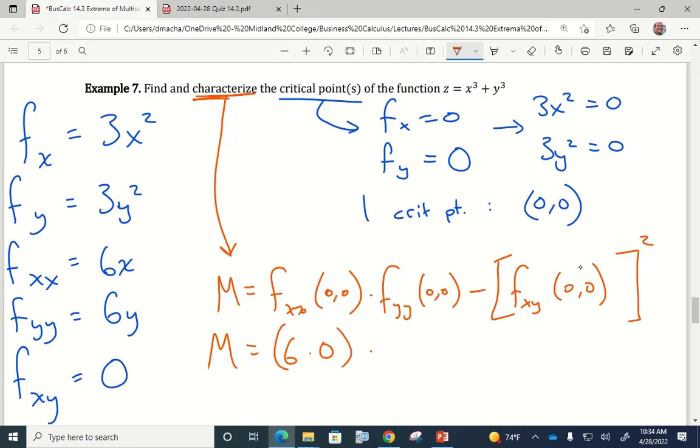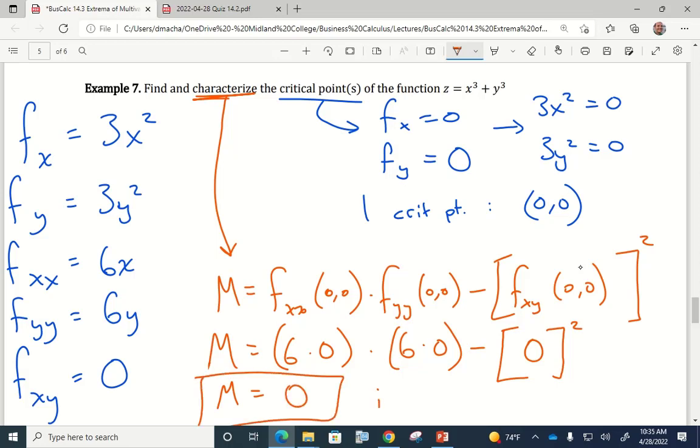And then the second derivative with respect to y is 6 times y, but I plug in x is 0, y is 0, and I get 6 times 0. The mixed partial xy is going to be 0 all the time, so that's 0 times 0 minus 0 squared, so m is equal to 0, and this test is inconclusive.